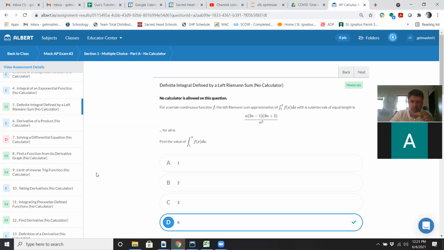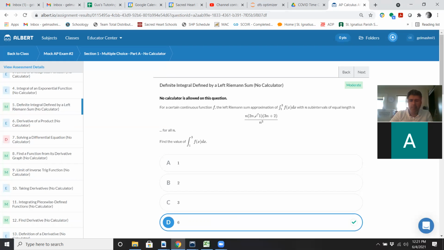Let's see here. So we have a Riemann sum. Apparently, it equals that formula. So find the value... okay.